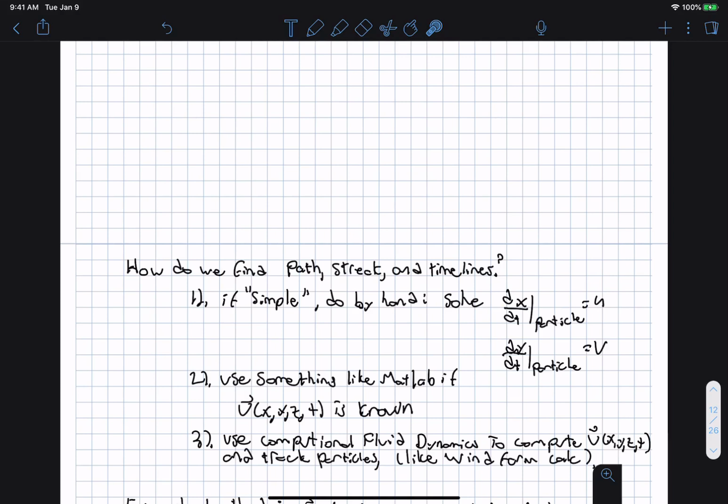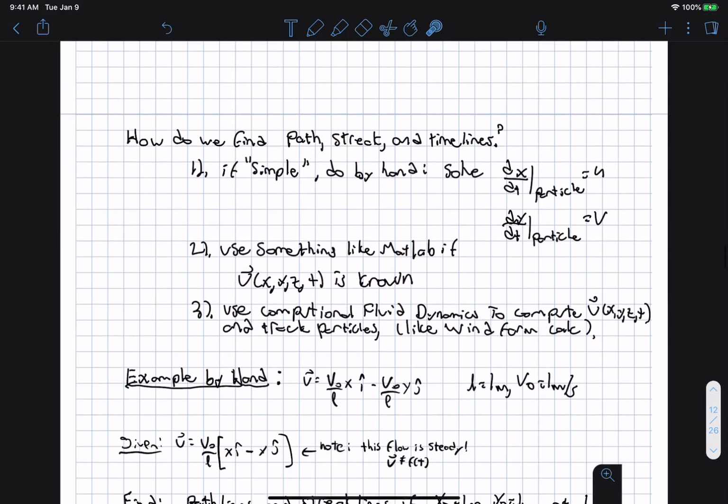The alternative, which is what I did for the above examples, is you can use something like MATLAB if the velocity field is a function of x, y, z, and time, if that's known. The one you're most likely to use, and I'll discuss this a bit later in class, is computational fluid dynamics to compute the velocity field as a function of space and time.